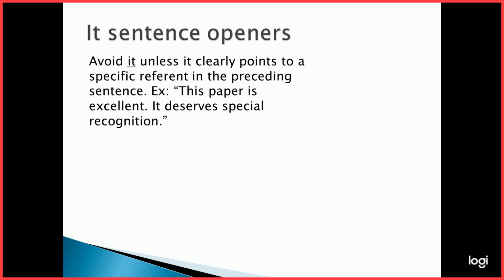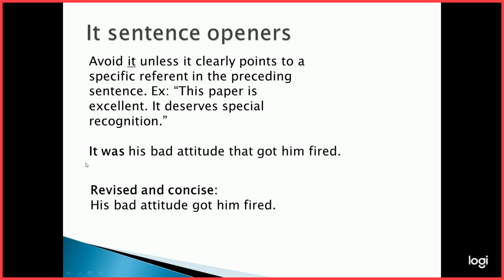It deserves special recognition. So that it is purposeful and tied to the previous sentence well. So I'll show you a bad one here. It was his bad attitude that got him fired. In this case, you can just get rid of it was, it and the weak verb there. Revised and concise on the bottom: His bad attitude got him fired.